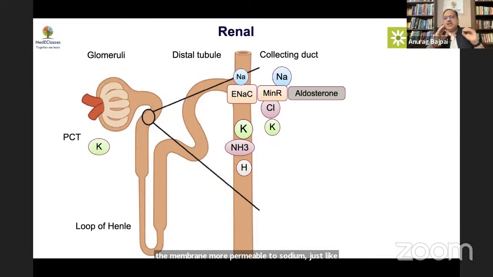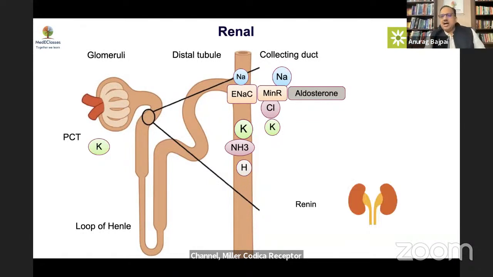Just like the major effect of vitamin D is to increase the capability of absorbing calcium, the major effect of aldosterone is increasing the availability of the epithelial sodium channel, increasing the levels of expression, causing sodium intake. And of course, if you're taking in sodium, you will have to push potassium out. So defects in the ENaC channel, mineralocorticoid receptor or aldosterone will all cause hyperkalemia.